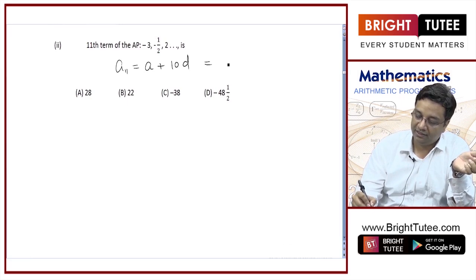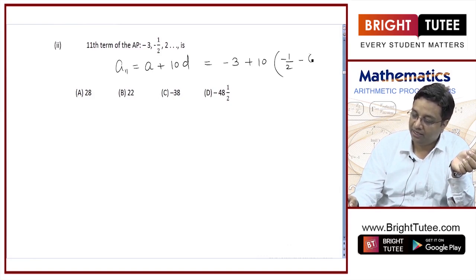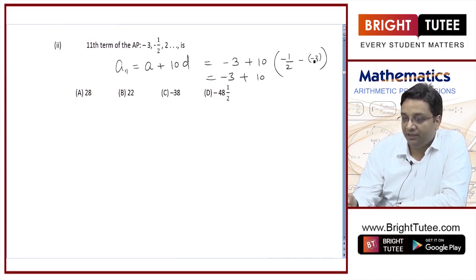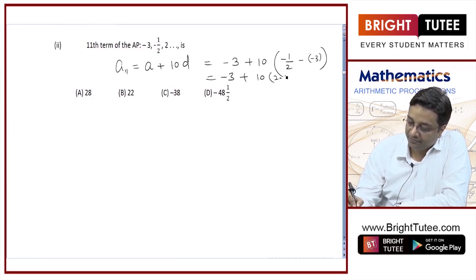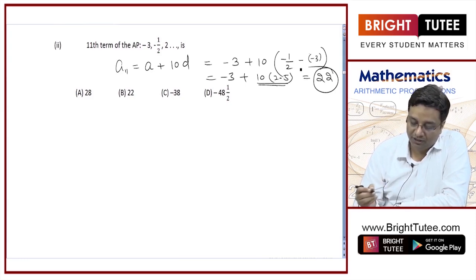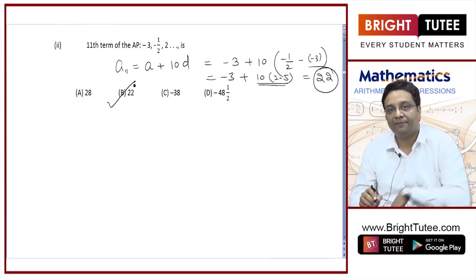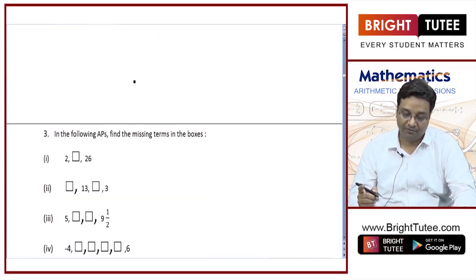A is given as minus 3 plus 10 into D. For D, you can subtract any two consecutive terms. So it is 10 into minus of minus 3, which will become 3, and 3 minus half will become 2.5. 2.5 into 10 is 25, and 25 minus 3 is equal to 22. So which is the correct option? Option B. Okay. So this is how you find the nth term.